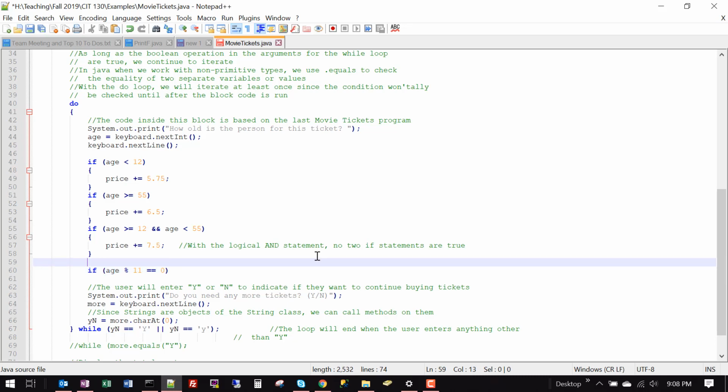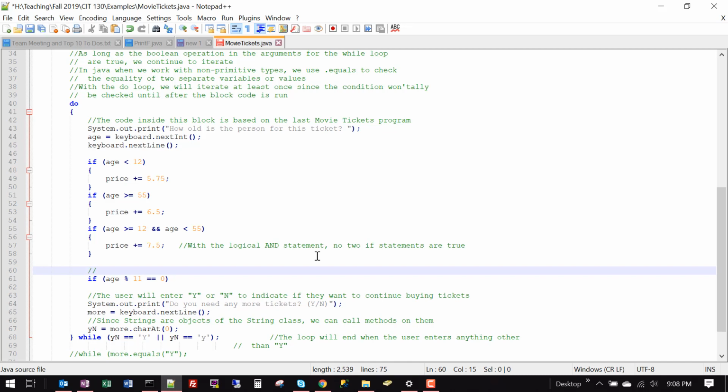Because the way it works is this. 1 mod 11 is 1. 2 mod 11 is 2. Because 11 goes into 2 0 times with a 2 remainder. 3 mod 11 is 3, and so on, until we get to 11 mod 11.